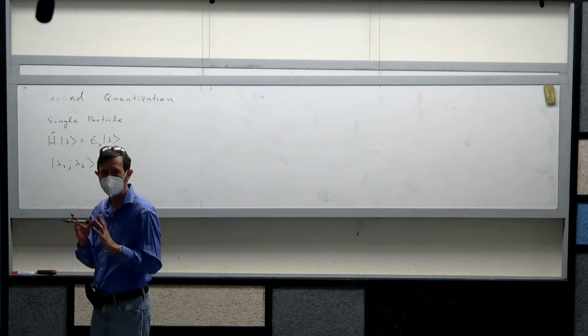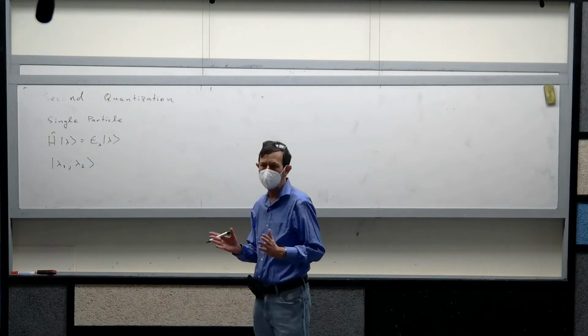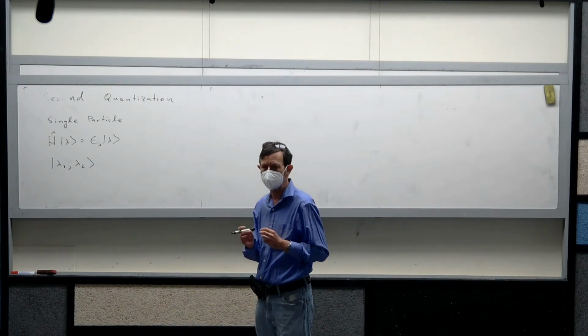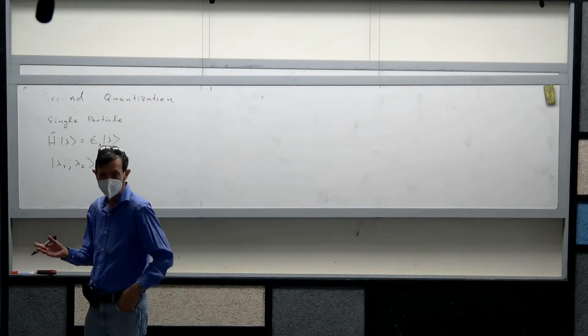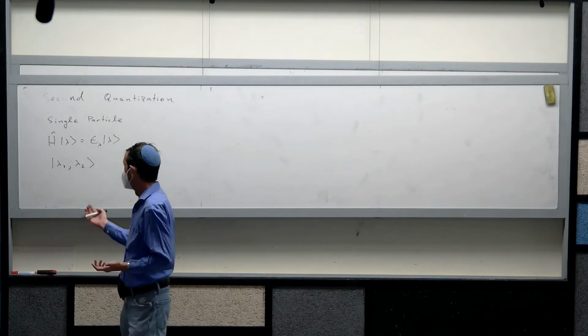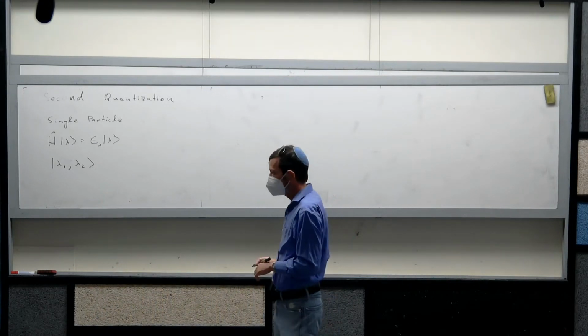Because there's no way at all for which I can distinguish between those two states. If I can't distinguish, the wave function can't distinguish. So how do I do it?